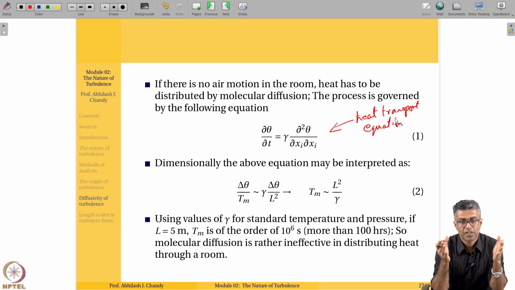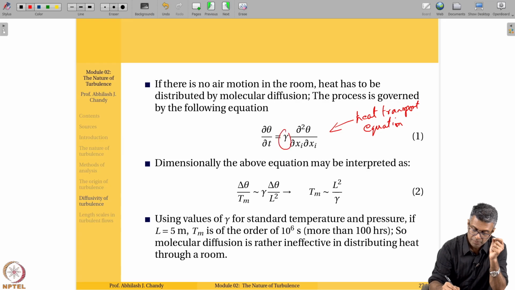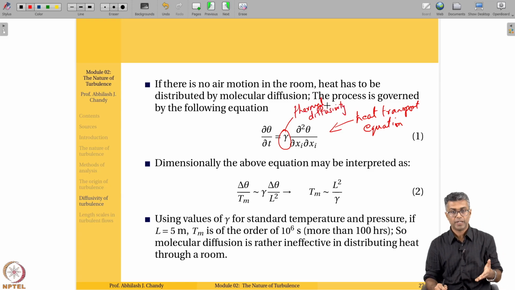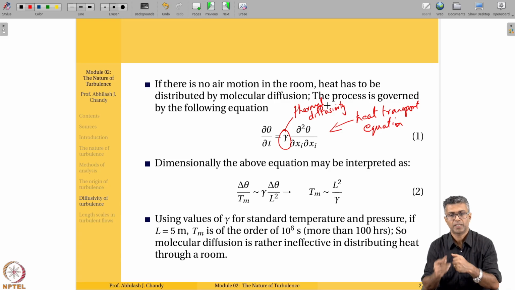You have the unsteady term on the left and the diffusion term on the right. Remember, advection does not exist because there is no air motion. So you have del theta del t equal to gamma times del squared theta del xi del xi. What is gamma? Gamma is the thermal diffusivity, a property of the fluid, in this particular case air.